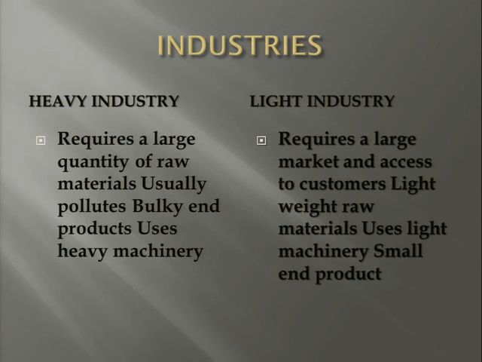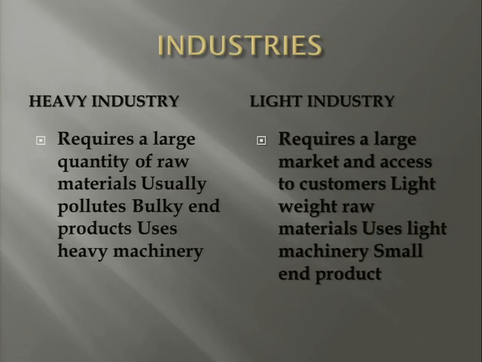They usually cause lots of pollution, and they have bulky, big end products, and they use heavy machinery. Hence, remember when we were talking, we said these heavy industries are located far away from the city center because of their characteristics, basically.